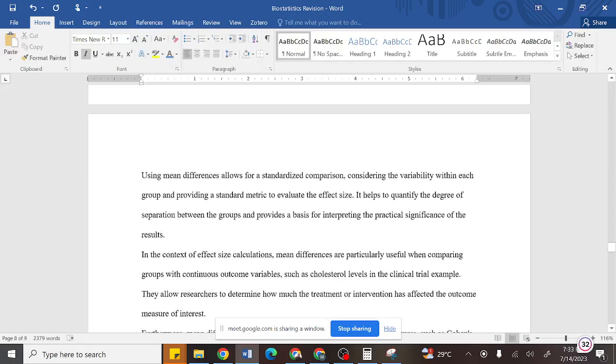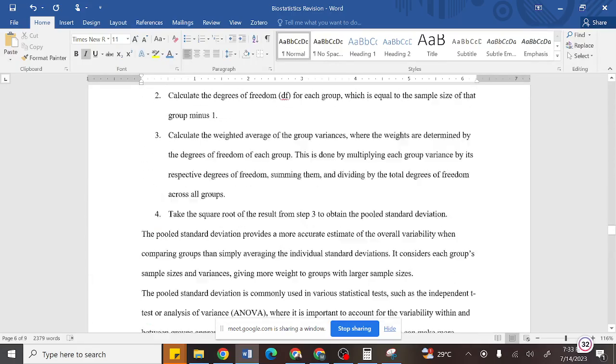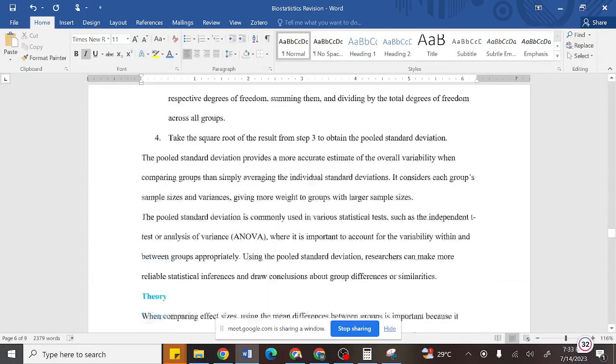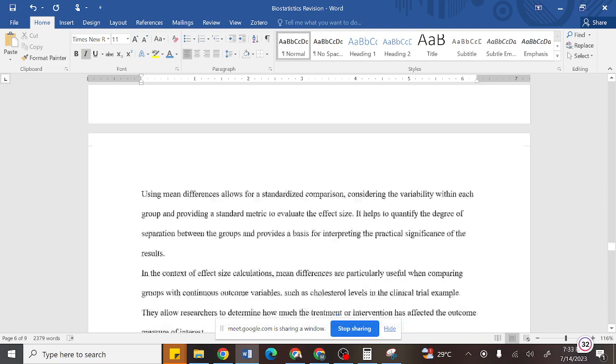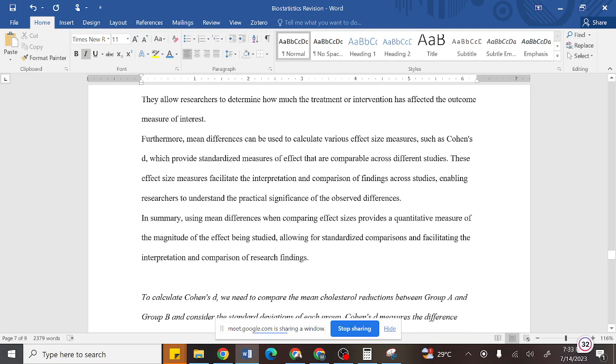So I've not gone into more details of Cohen's d, but in this presentation, which I'll be sharing with you, I provide more examples on understanding the concepts of Cohen's d.